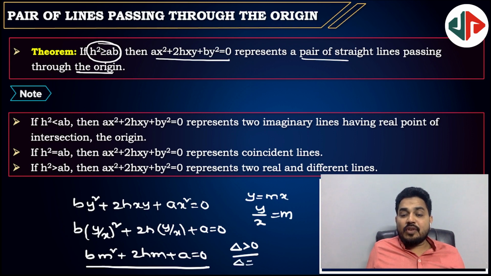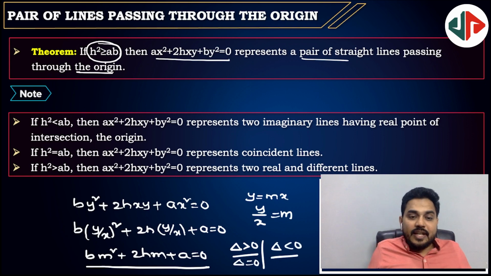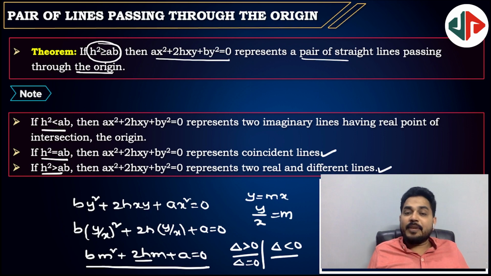Delta equal to 0, two identical roots. Delta less than 0, no real roots. So from here you get 4h square minus 4ab. So h square greater than ab, you have two real lines; h square equal to ab, two coincident lines; h square less than ab, two imaginary lines.